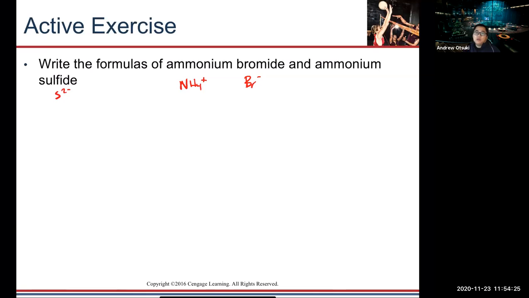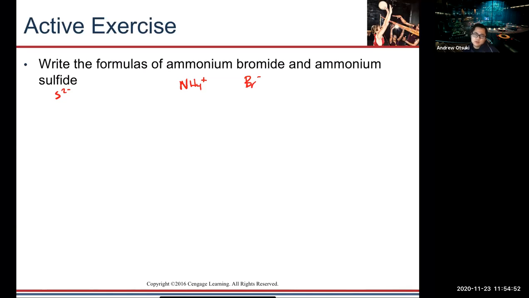Okay, so now we know those representations. Bromide is -1, and ammonium is +1. So now they're balanced. So we could just write the chemical formula as NH4Br. We do not include charges because it's implied. And then ammonium sulfide: ammonium's +1, while sulfide is 2 minus.